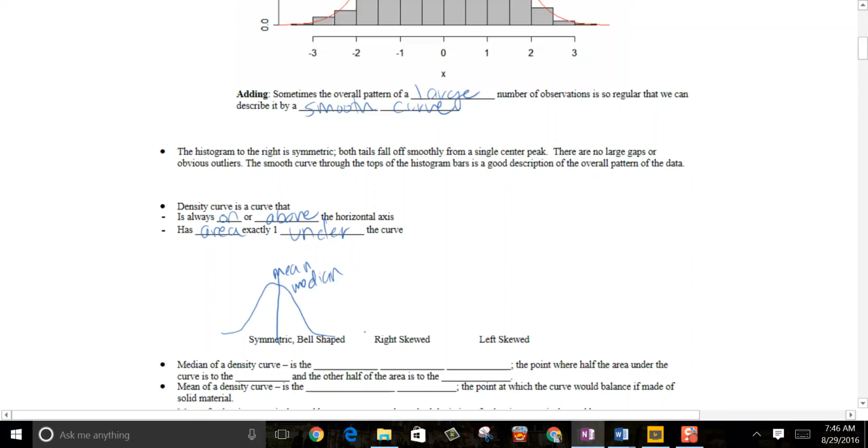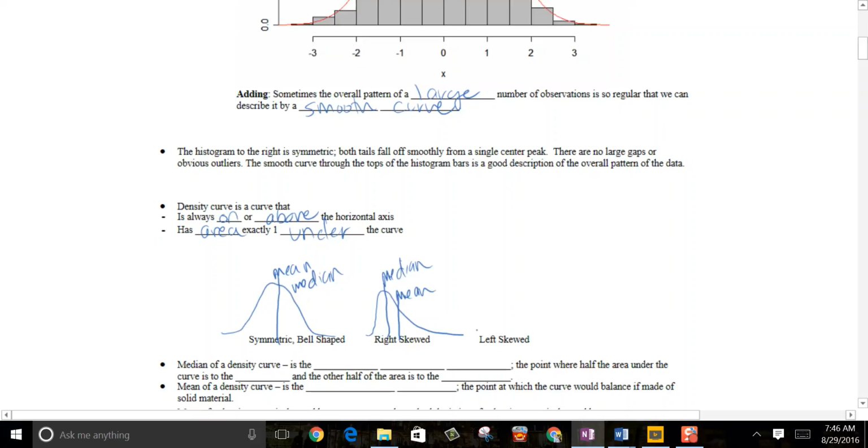Right skewed has the right tail, so it's going to curve off like that. The median, again, is the midpoint, so it stays in the center. The mean is going to be higher because it's affected by those large values.